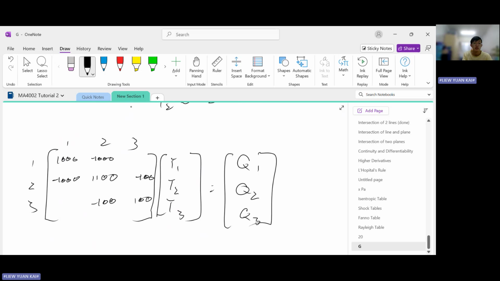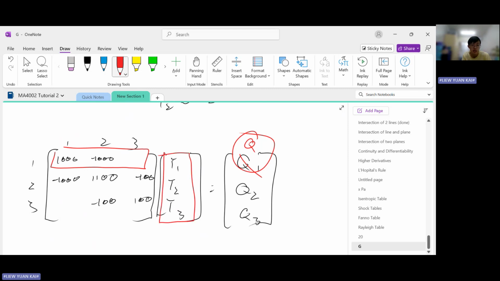We assume that heat is being supplied into Q1. So therefore we can change it to Q, which is the heat transfer we are trying to find. And so we can make an equation in the first entry, by taking this row dot this column to give that entry.